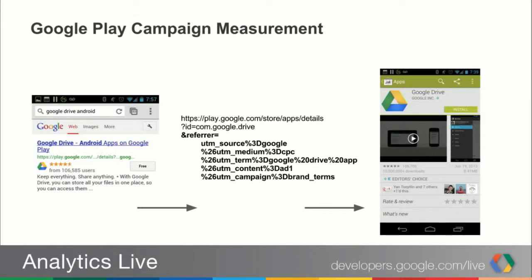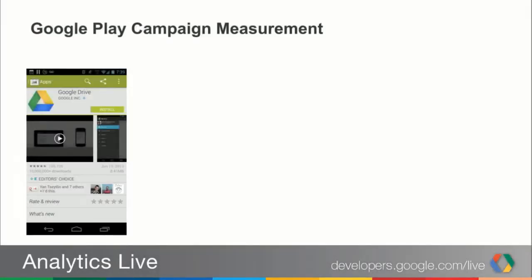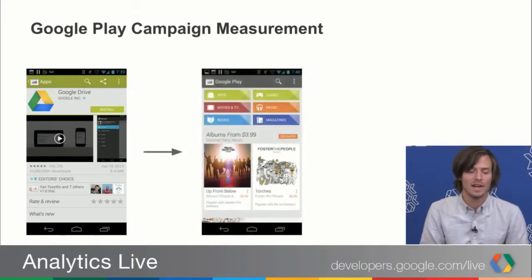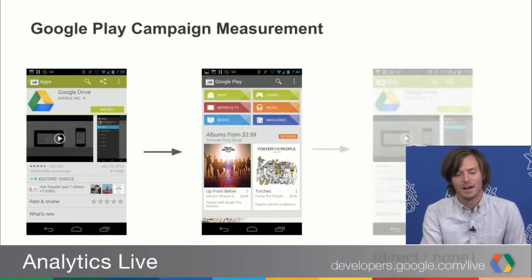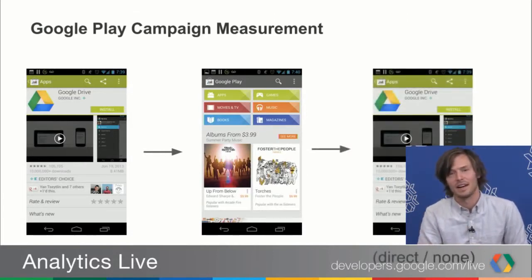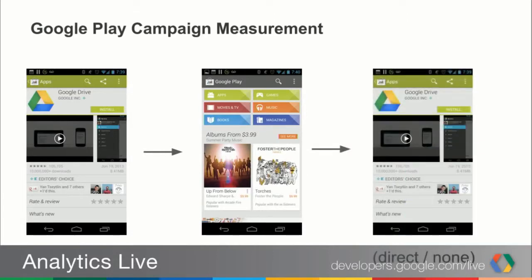And that refer parameter will get bundled up and sent off with that intent, and everything works as I just described. The tricky part comes if users move away from that page, for example, if they go out to the Google Play homepage and then they navigate back to your app download page and then install, the refer information is gone at that point.